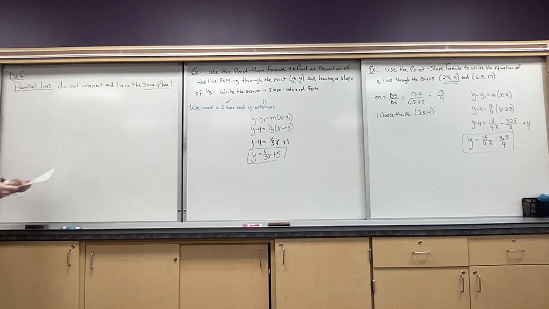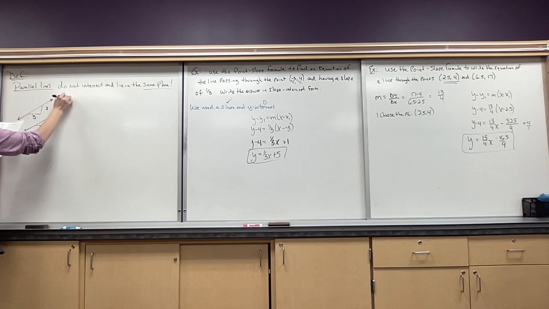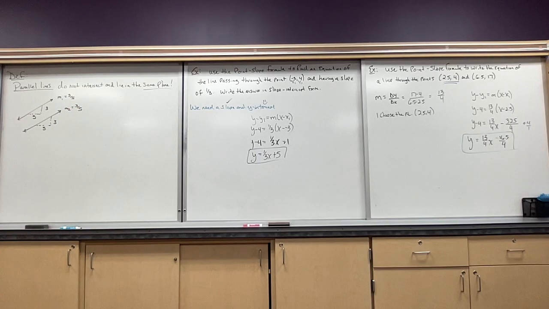That is critical to note that they do lie in the same plane. From geometry, we talk about that a lot. So if I have two lines like this, as long as they have the same slope values, rise and run values, as you've been told in your earlier grades, we're good to go, right?